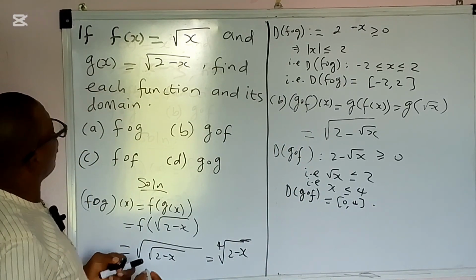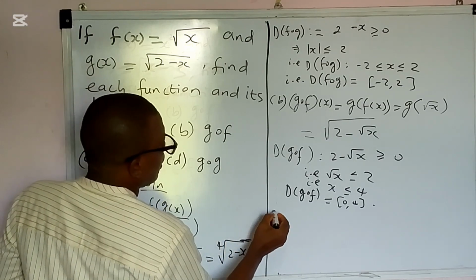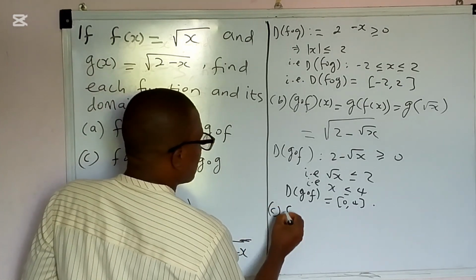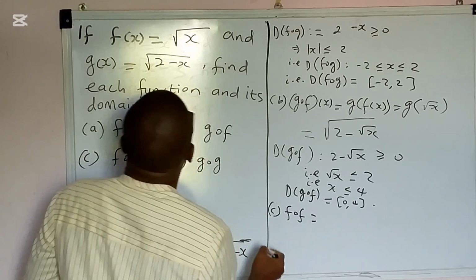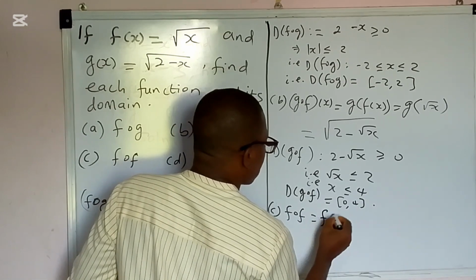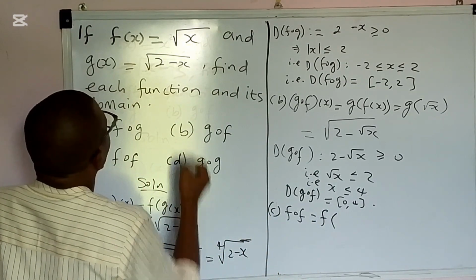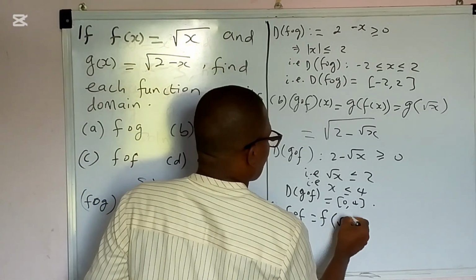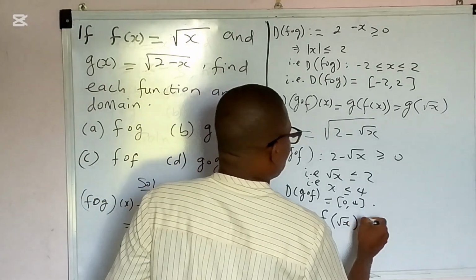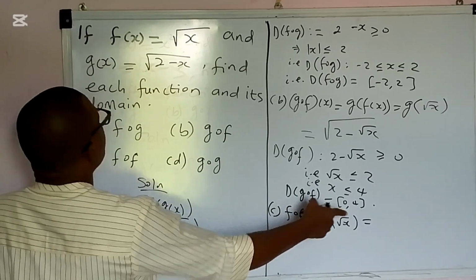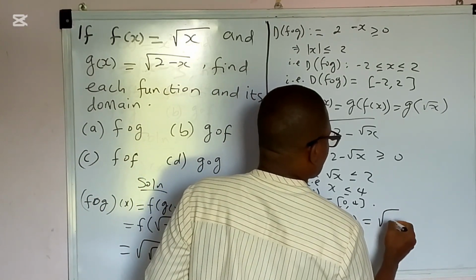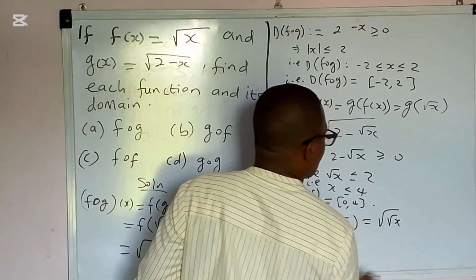So for C, you have that f composition f will be, f itself is root x, so that will be f of root x, which will be root of root x.